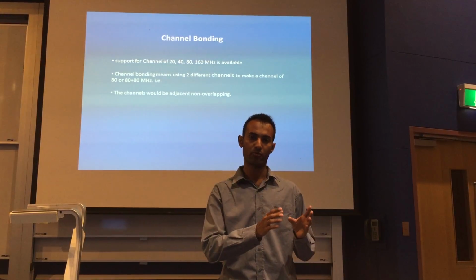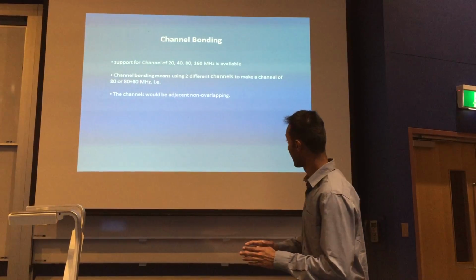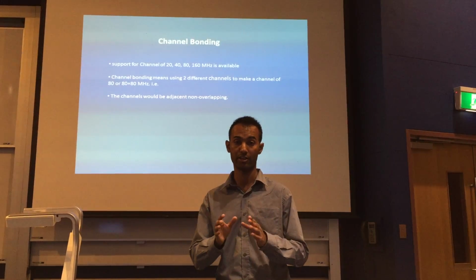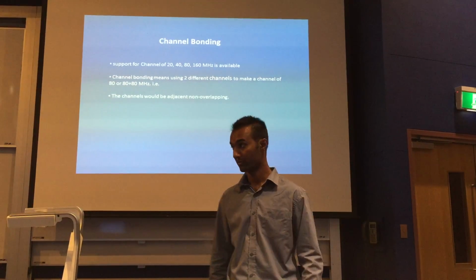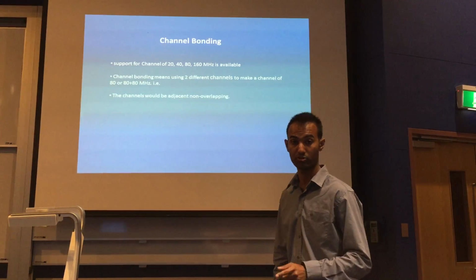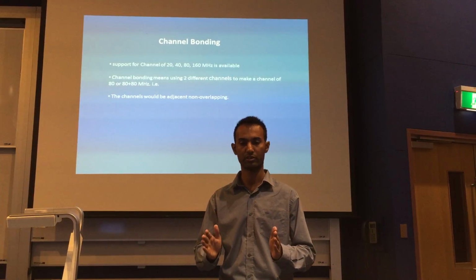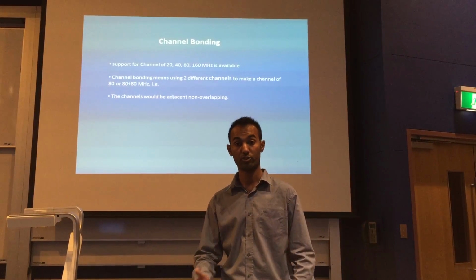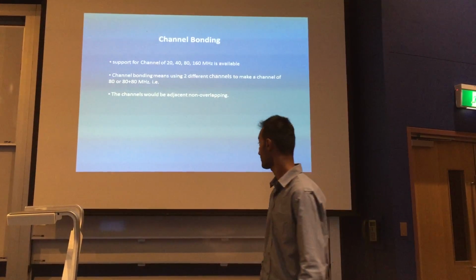A small band of 20 and a small band of 20, a small band of 40 and a higher band of 80 can be combined. The most important is that two 80 megahertz bandwidths are used to get 160 megahertz. This is really important in order to get a 1 Gbps data rate.